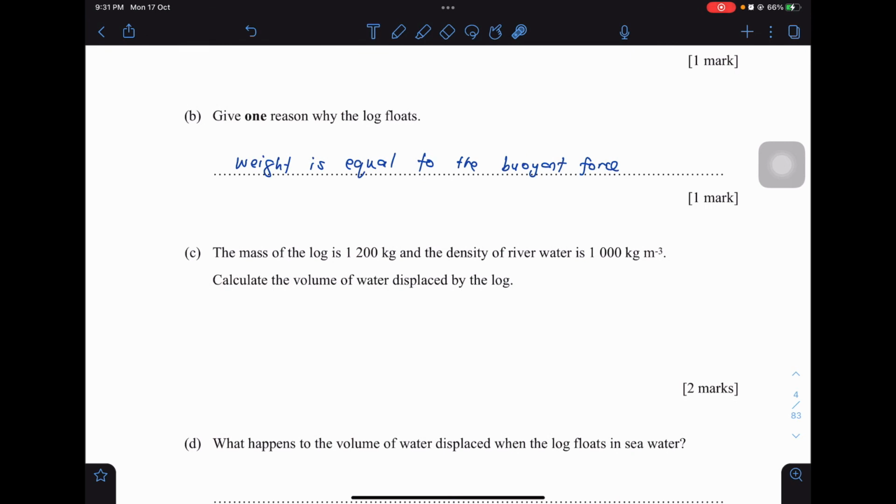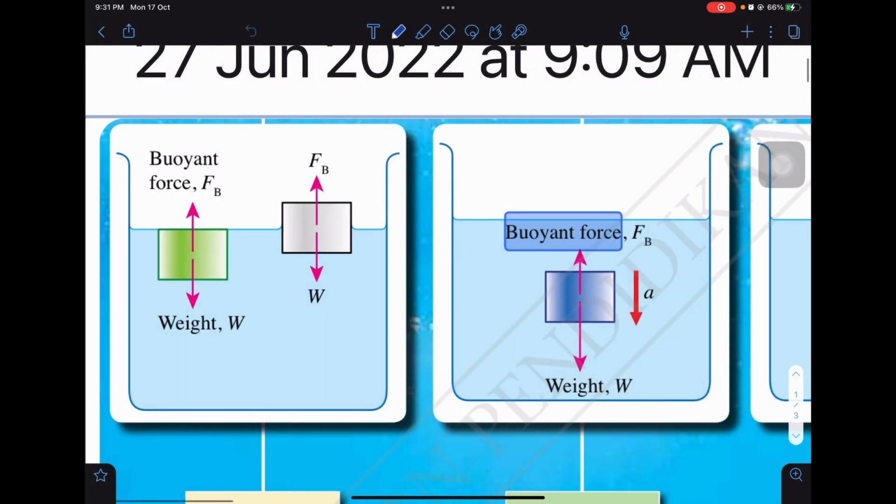Now, the mass of the log is 1200 kg and the density of the river water is 1000 kg per meter cubed. Calculate the volume of water displaced by the log. Here, you need to know a formula.